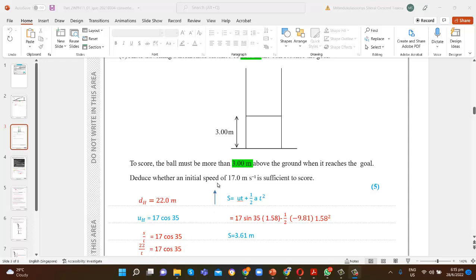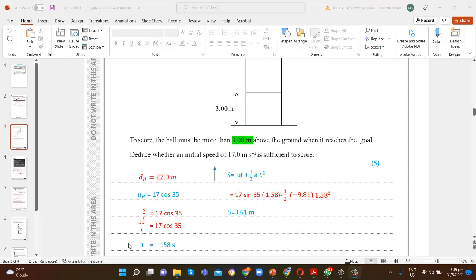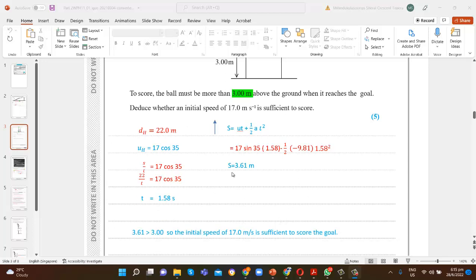When you put it in the upward direction, u is 17 sine 35, with t as 1.58, minus half g t squared, then you get s as 3.61. Now you know s is 3.61, because it is more than 3, the initial speed of 17 is sufficient to score the goal.